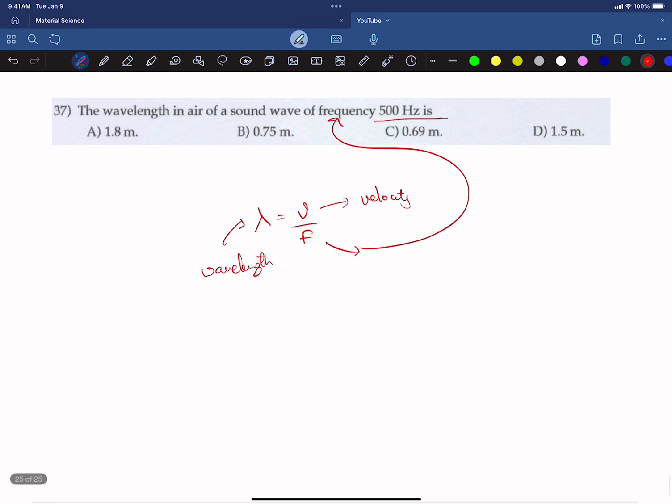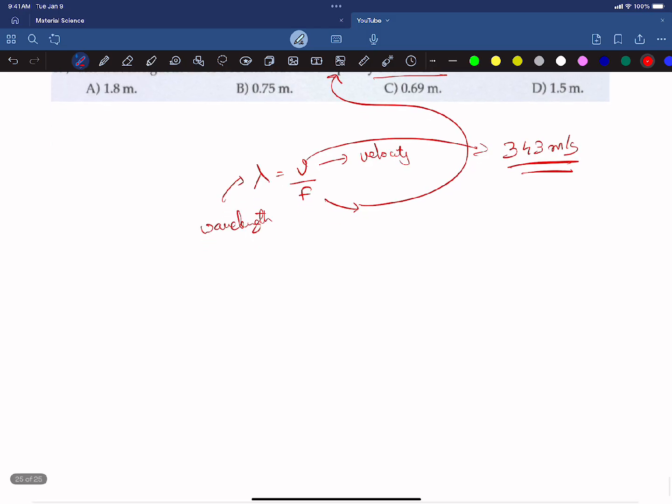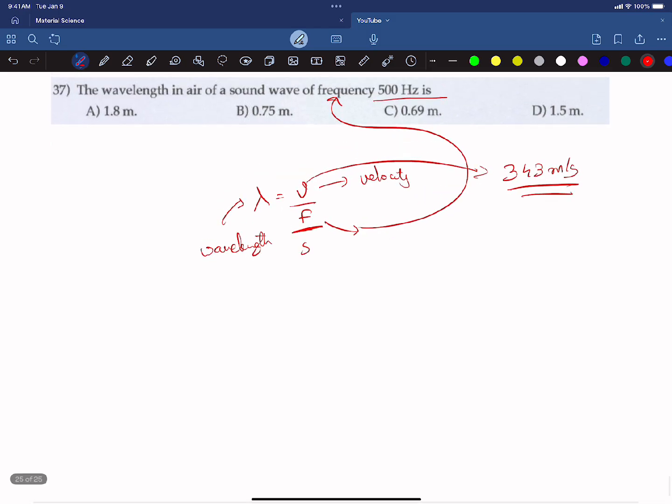Now what is the velocity of the sound wave in the air? So 343 meter per second. This is a fixed value, and frequency is given in the question, which is 500 Hz. Now let's find our wavelength, because they are asking us to find wavelength in the air.